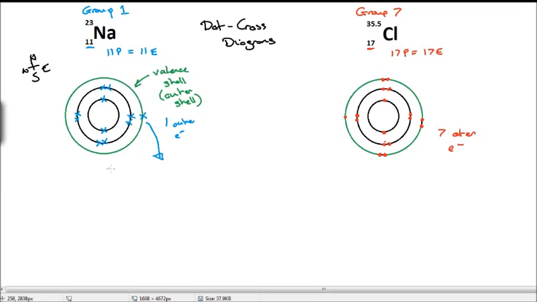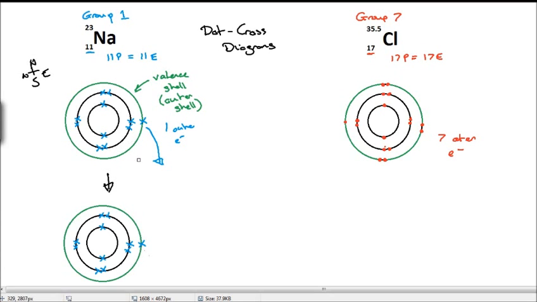Instead, we produce an ion. So we're going to draw the ion of sodium. In losing this electron, we've cleared this outer shell of sodium, so this valence shell has now disappeared. Slowest rubbing out ever.